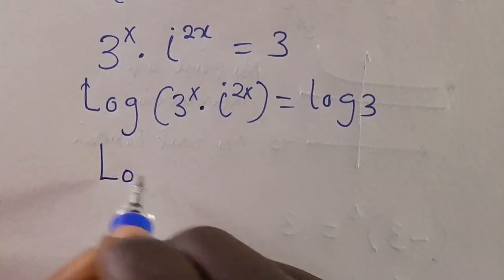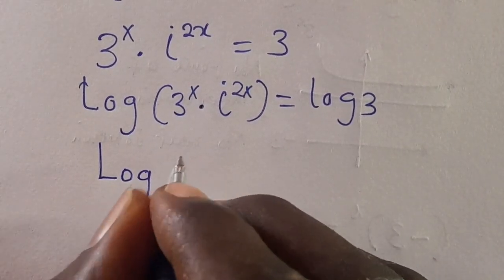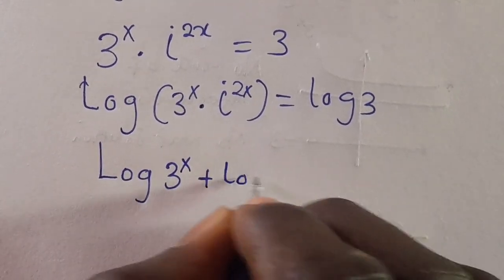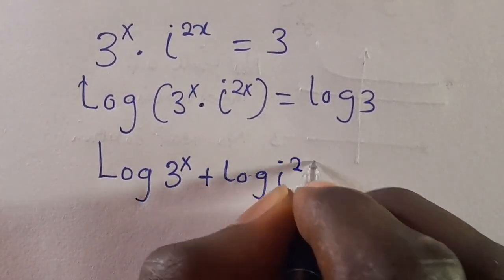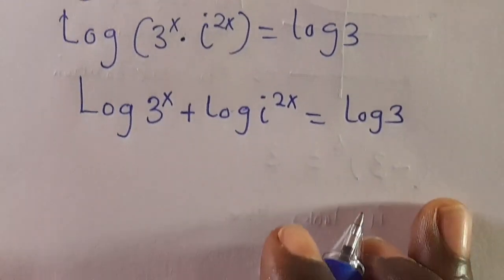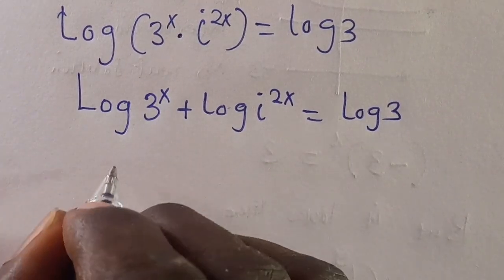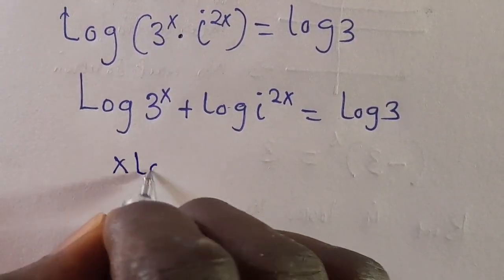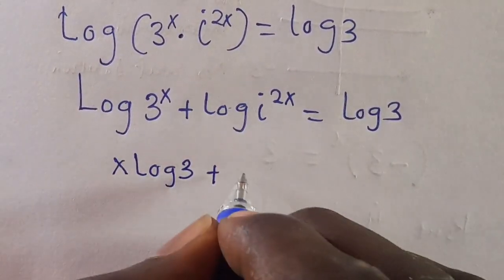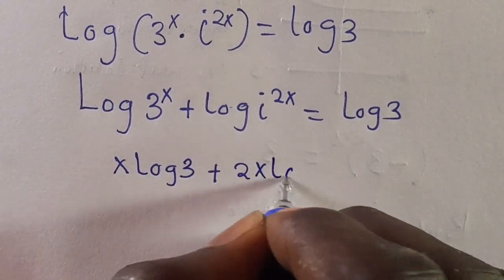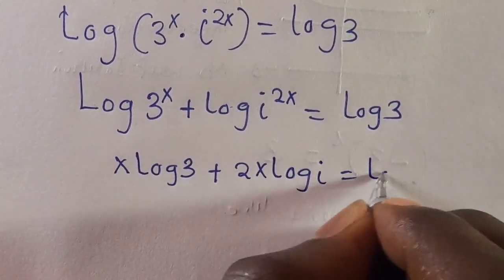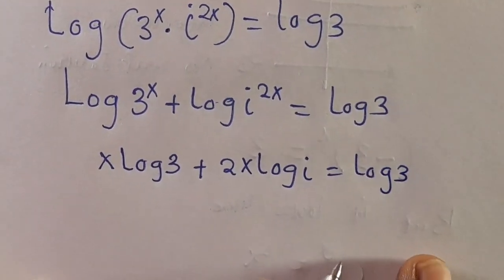We have log 3 to the power of x plus log i to the power of 2x equals log 3. So from here, the powers will come down. We have x log 3 plus 2x log i, then everything equals log 3.